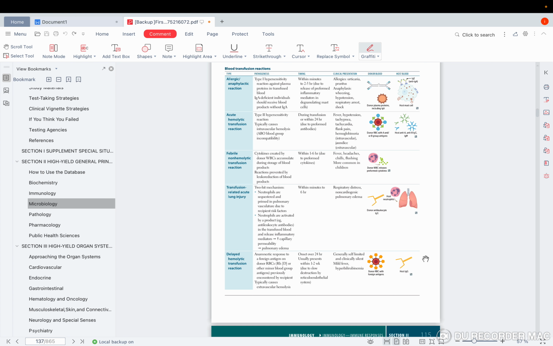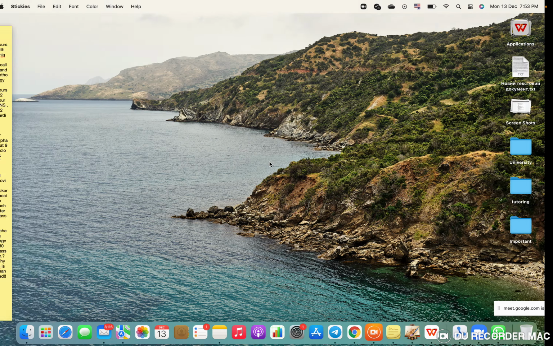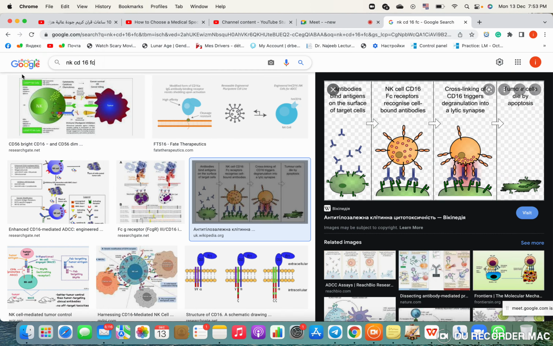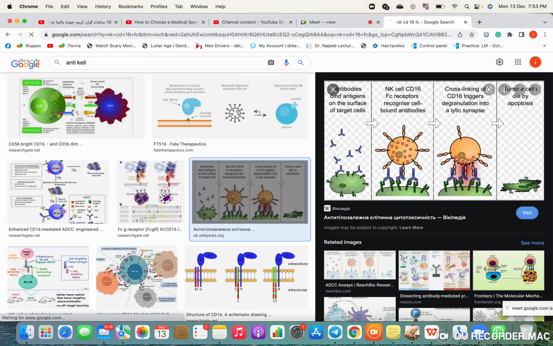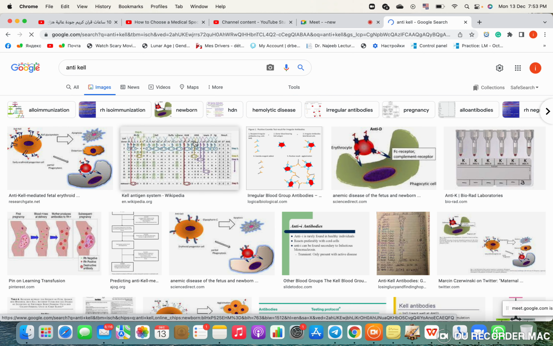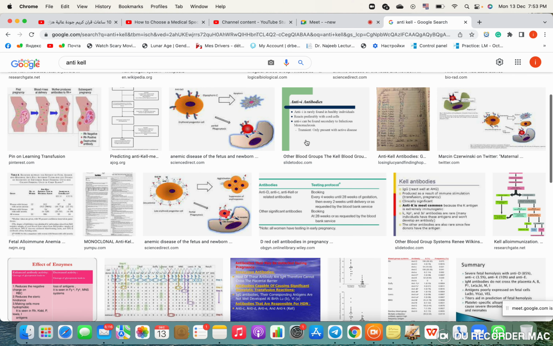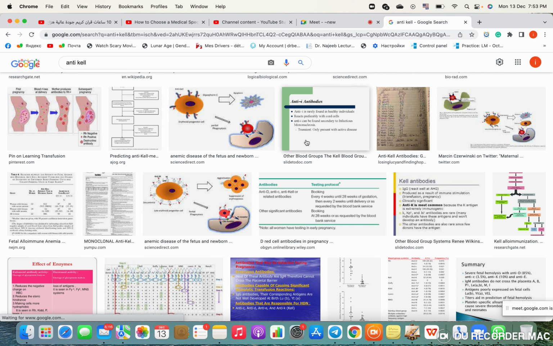How come he got acute hemolytic transfusion reaction? It's one of the minor antigens, something called anti-Kell. Yep, the anti-Kell. So this anti-Kell is important because that also can lead to hemolytic reaction.